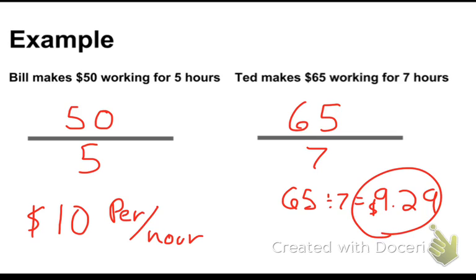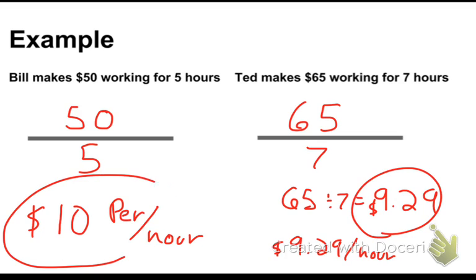Okay? So if it's $9.29 an hour, we could also say that, in a way, Bill makes more money. He has a better paying job by about 60 cents an hour, or 70 cents an hour.